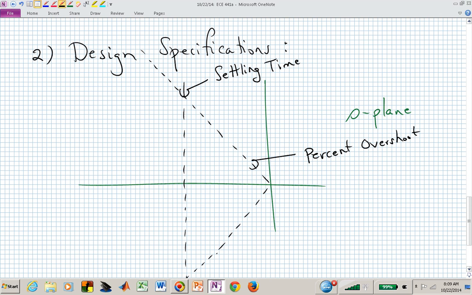Now, one more design specification we have already talked about, which is peak time. And that's this another line. We now have 3 lines in our complex S-plane. This is now our peak time, or that's consistent with rise time.